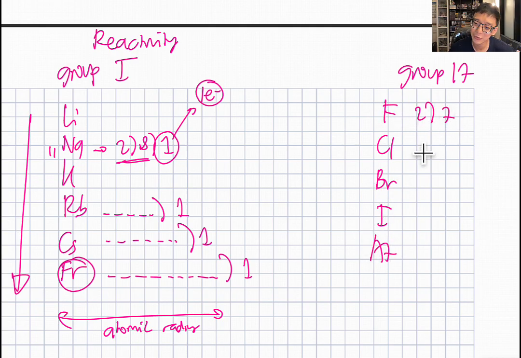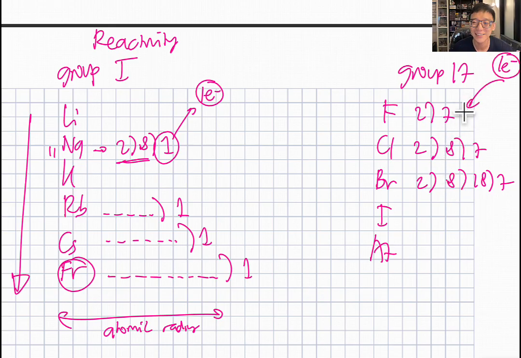While for group 17, imagine 2, 7, 2, 8, 7, 2, 8, 18, 7, and so on. They would like to take one electron, and it's easier for us to give one electron. Imagine there is an invisible attraction force in F. It's not the most appropriate explanation, but the shorter the radius is, the bigger the attraction force becomes.